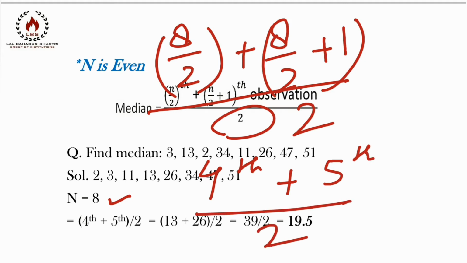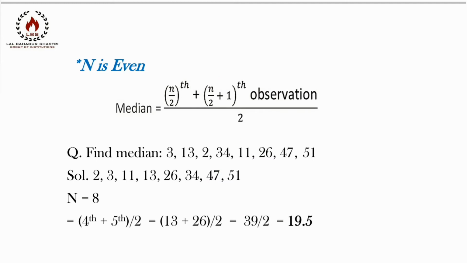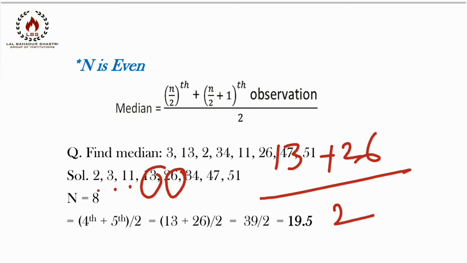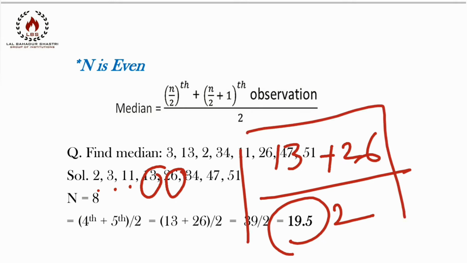Now search for the fourth value and the fifth value in the series. 1, 2, 3. This 13 is fourth and this 26 is fifth. So 13 plus 26 whole divided by 2 comes out to be 19.5. So in this way you will find the median in case n is even.